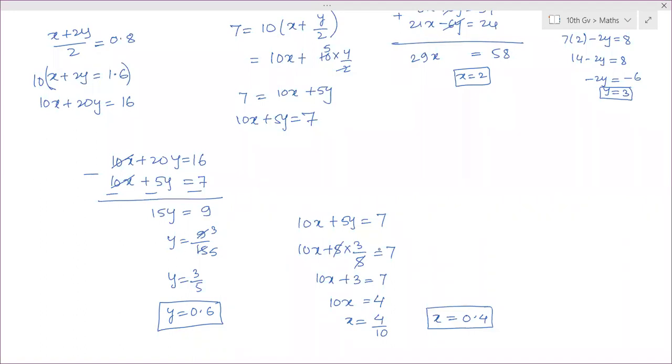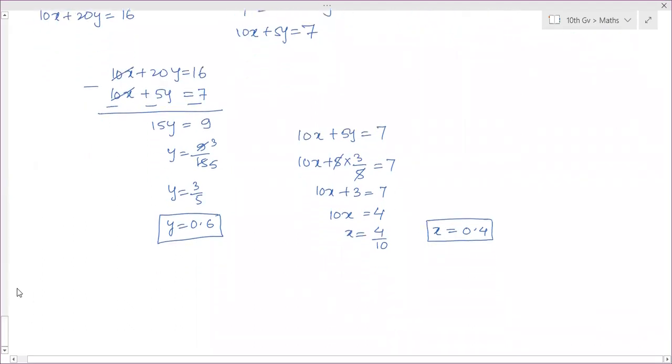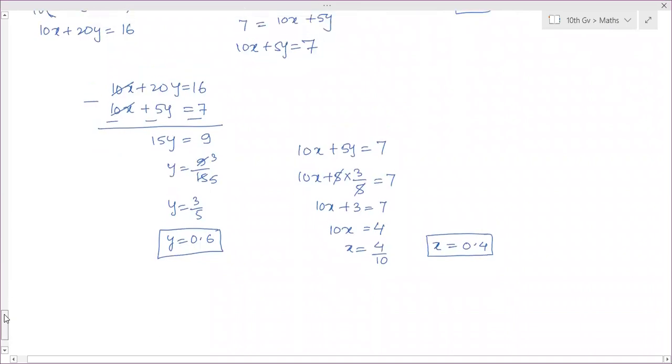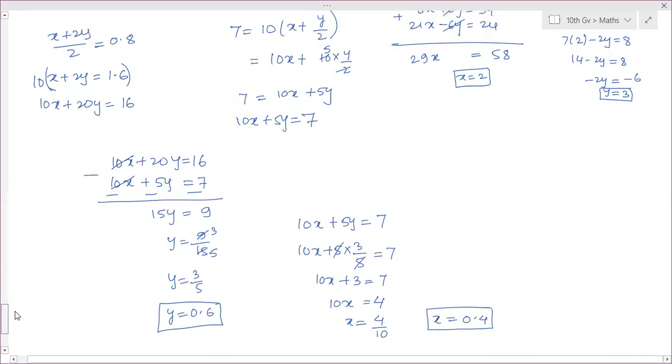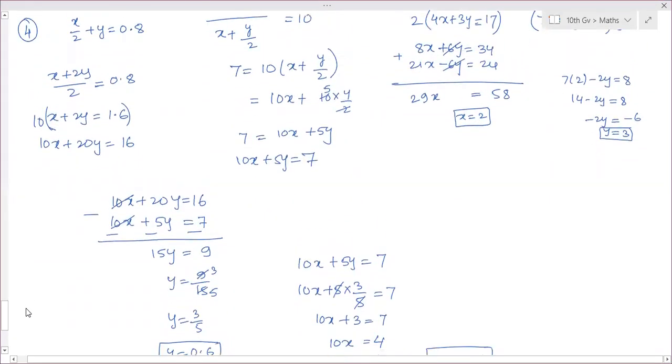Ma'am, fifth one is y is equal to 1 and x is 5. Y is equal to 1, x is 5, right? Question number 4, complete first.